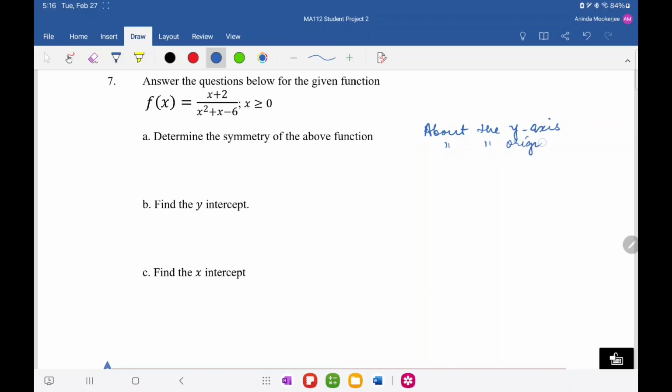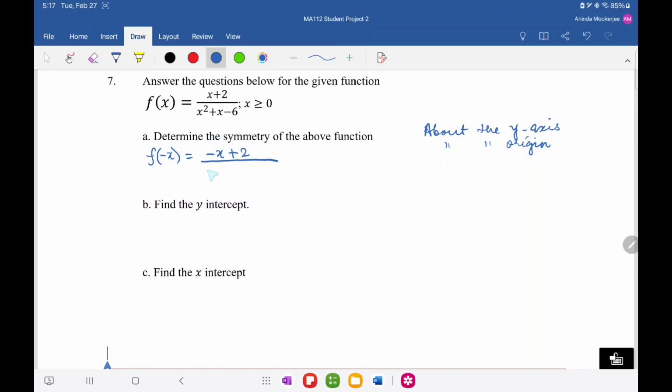Now, how do we find out the symmetries? We plug in negative x into the function and evaluate it. All right, so first I'm going to evaluate the function, plugging in negative x wherever there's an x. So replacing the x with negative x, we have negative x plus 2 in the numerator.